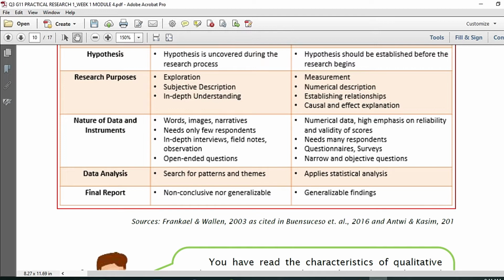Okay, for data analysis, search for patterns and themes for quali. While in quanti, you apply statistical analysis. Okay. Then for the final report, non-conclusive nor generalizable for quali. Then for quanti, it is generalizable findings. Okay, so I hope you get the difference in the two types of researches.